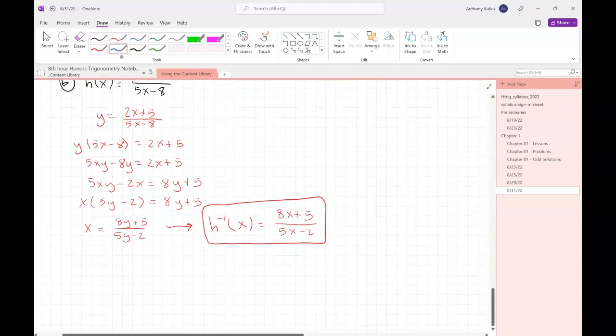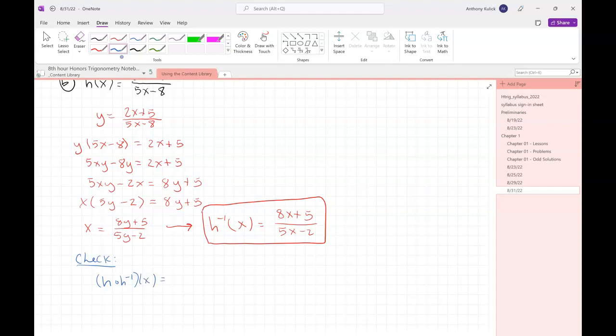Let's just check this because, again, the algebra here is a little bit tricky and wouldn't be a bad idea to review that. So here I'm plugging in this, right?